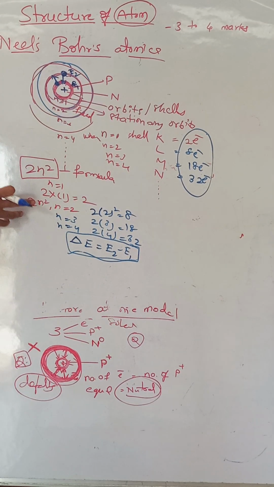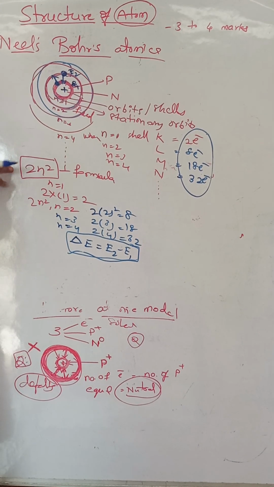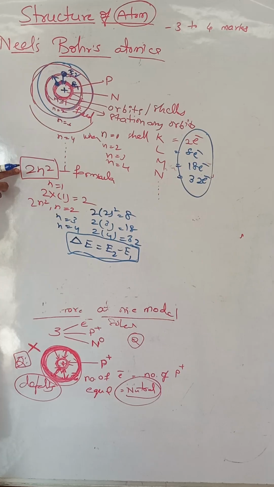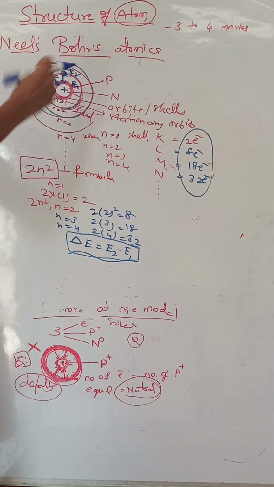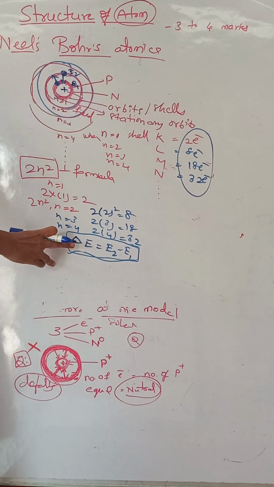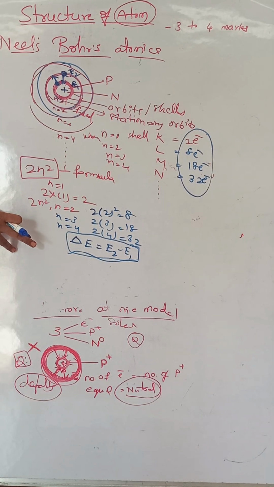Niels Bohr says the number of electrons present in the shells is given by the 2n square formula, and how much energy is lost or absorbed is given by the delta E is equal to E2 minus E1 formula.